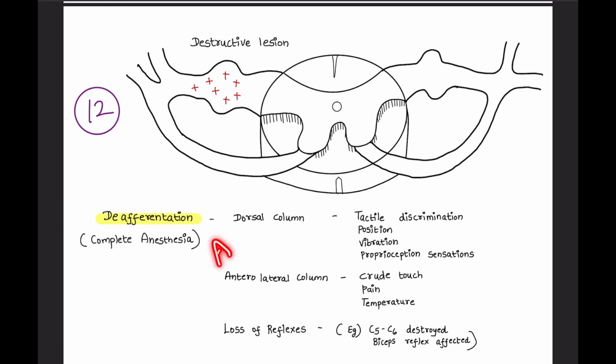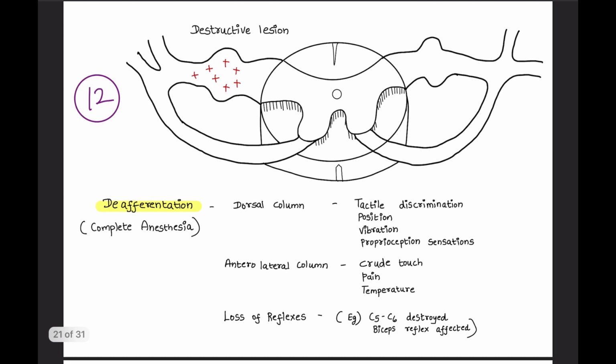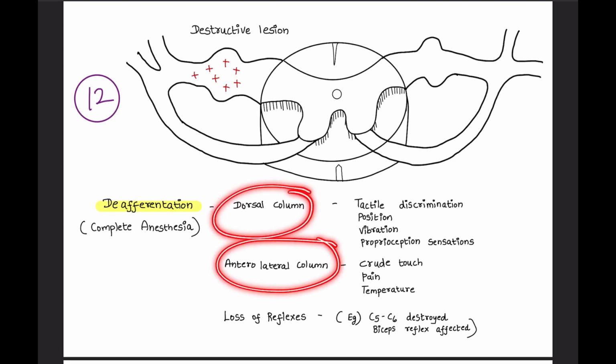So what is afferent? Afferent means the information from the body going to the brain. Efferent means the information from your brain to the body. So, deafferentation: in a destructive lesion there is complete loss of dorsal column sensations and anterolateral column sensations.